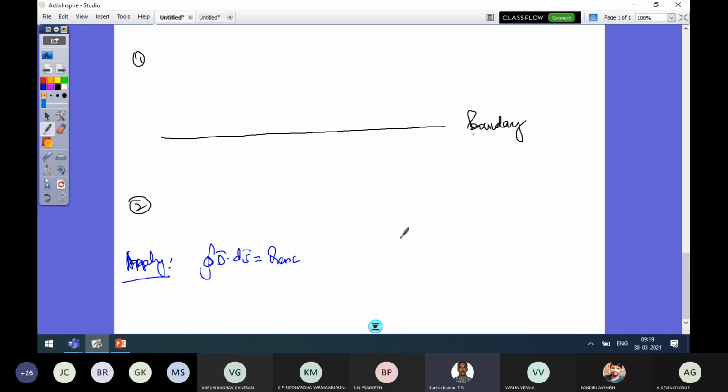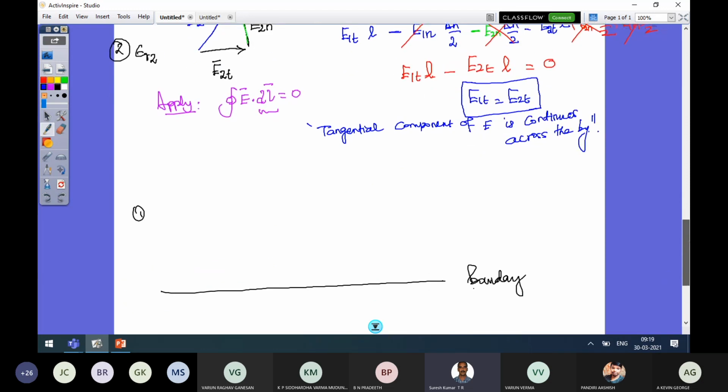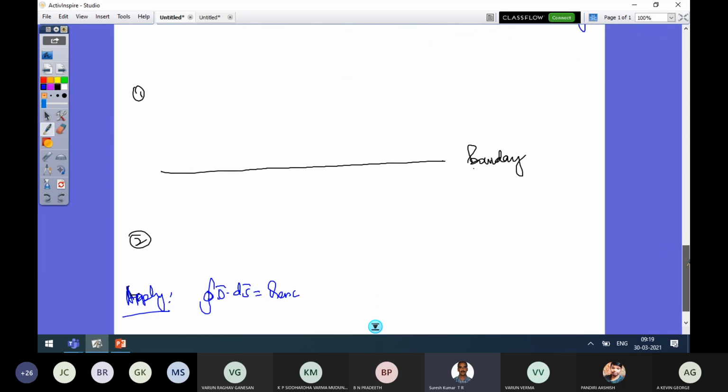The reason why we are applying this is that we can keep a closed path or closed surface which exists in both mediums, and we can find the relationship, because that surface is continuous across these two mediums. That's why we considered previously the closed line integral of E dot dl being 0.